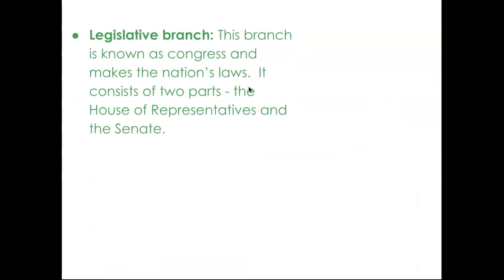Our next is the legislative branch. This branch is known as Congress, and it's responsible for making the nation's laws. So legislative kind of reminds me of the word legal, which reminds me of the word law, which reminds me of papers, right? So it consists of 2 parts.